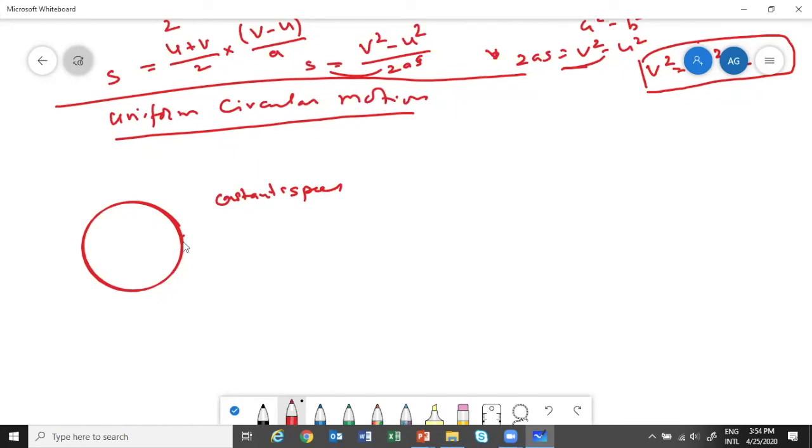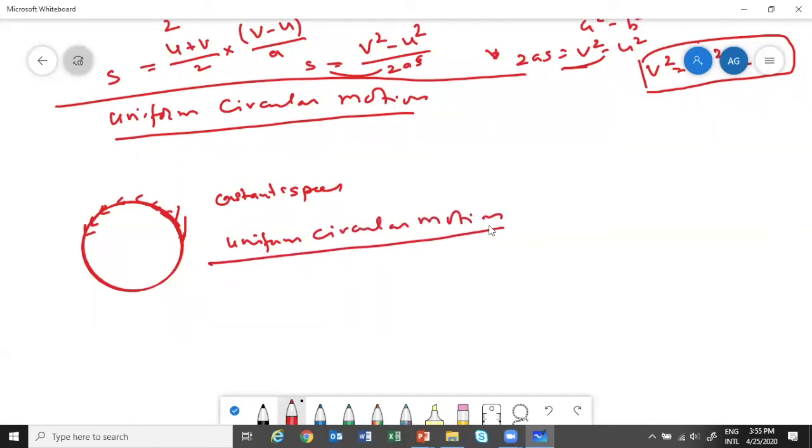See, it moves like this, then it moves like this, then like this. So at each moment there is a change of direction, and that is called uniform circular motion.